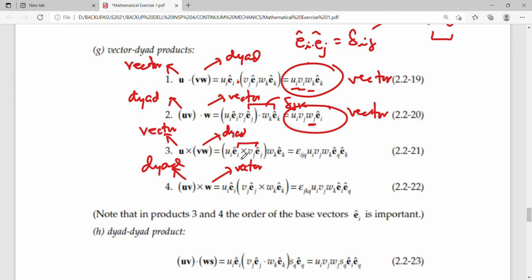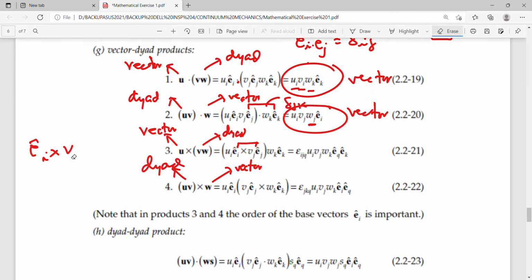Okay, an EI cross to EJ is simply a permutation, which is a permutation of EIJ.